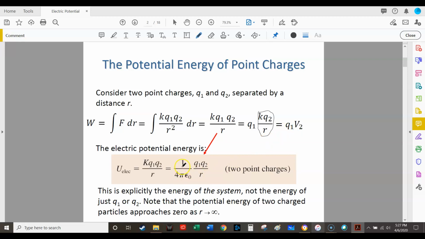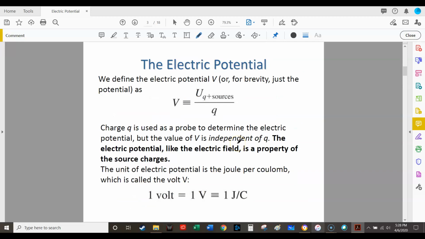So the electric potential energy of two interacting charges, one interpretation is kQ1Q2 over r. The same interpretation can be said is that it's actually just Q1 times the voltage caused by the other charge. And the voltage of the other charge is this. So again, electric potential energy is U sub Q. So we're going to now designate electric potential energy as U sub Q due to a source charge.